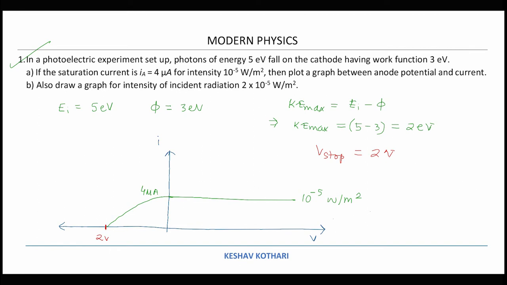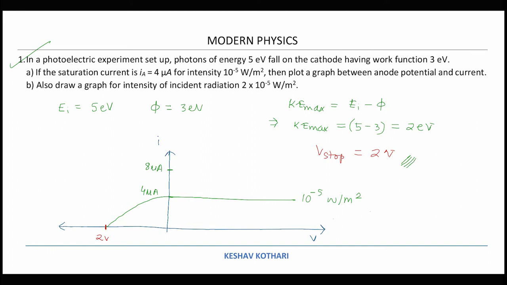Now in the second one the radiation is 2 into 10 to the power minus 5. As the incident radiation is doubled, the value of saturation current will also get doubled. So this time the value of saturation current will be obtained at 8 microampere. Care must be taken that the stopping potential is going to remain the same.